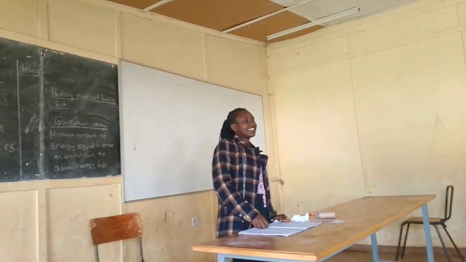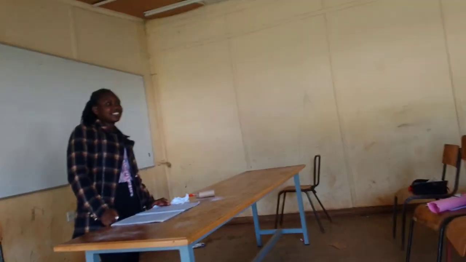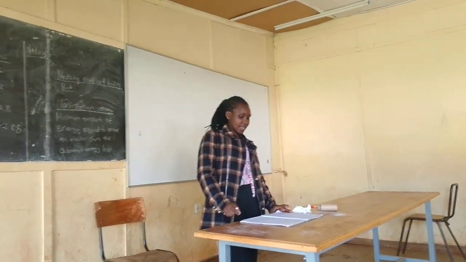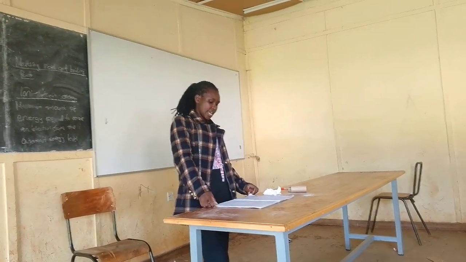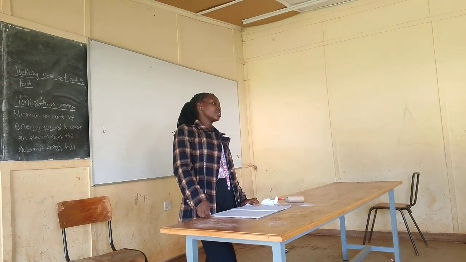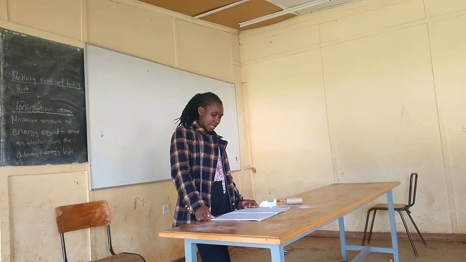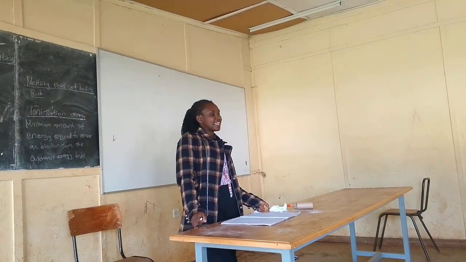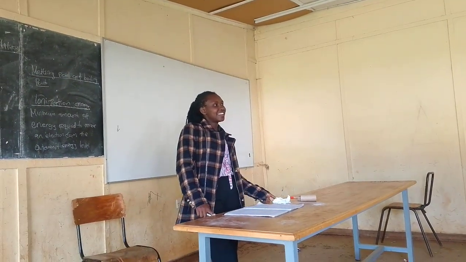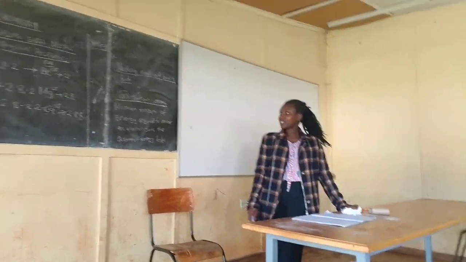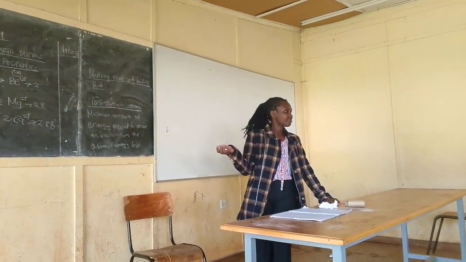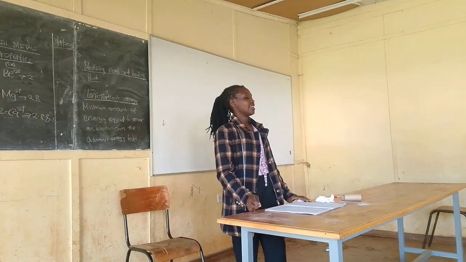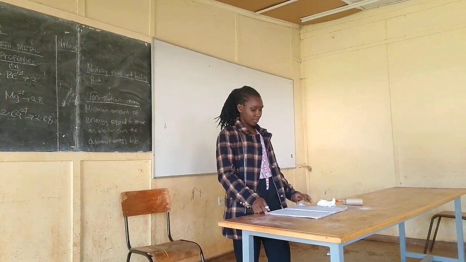Jaylin, what's the trend in ionization energy? Yes, ionization energy decreases down the group. And what's the trend in the melting point and boiling point? Ezra? Trend in boiling point and melting point of group 2. Yeah, it decreases down the group.